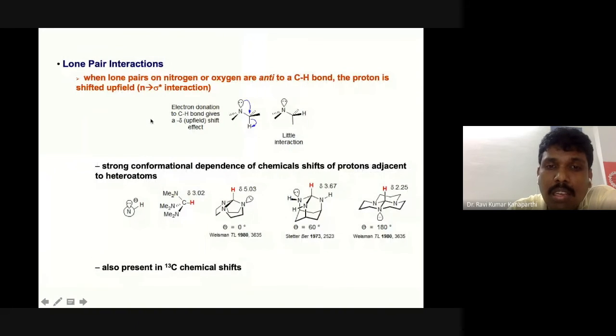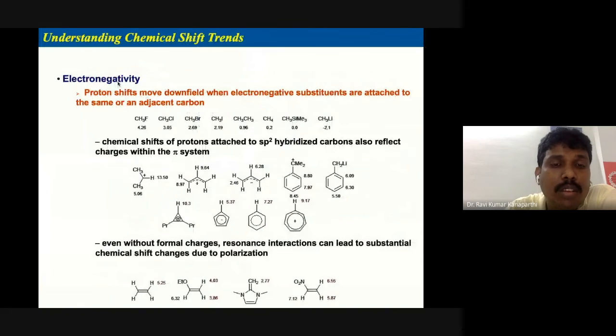Fluorine is a highly electron withdrawing group; the electronegativity of fluorine is very high. Since it is present on the carbon, and the same carbon has a proton, the electron density is taken away from the proton. Sorry, the electron density around the proton nucleus is less, therefore it is highly de-shielded.